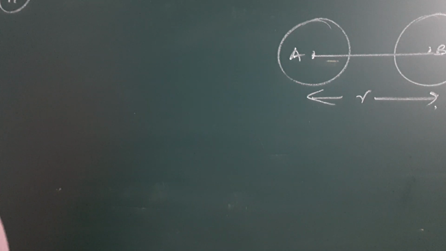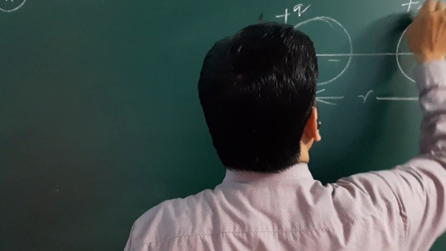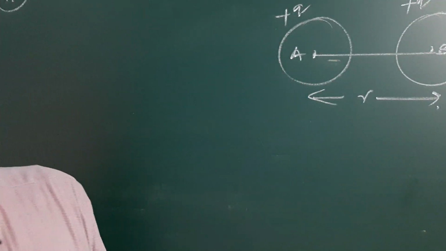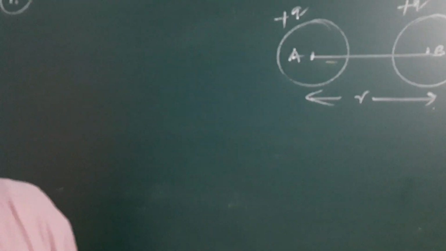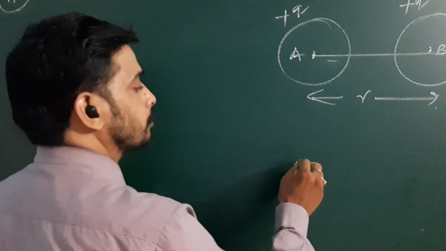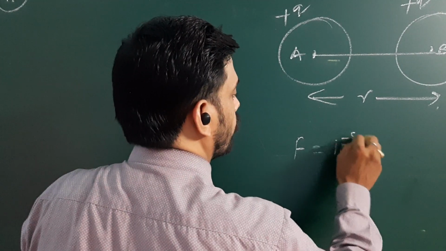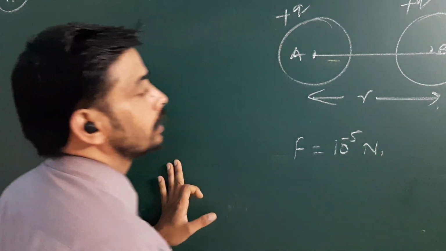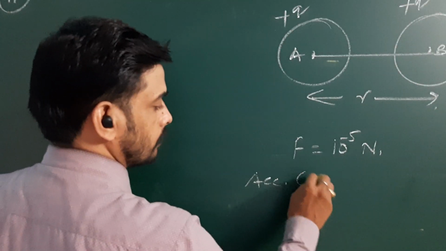Each has a charge of plus q coulomb, so both are positively charged and the nature of force will be repulsive. They repel each other with a force of 10 power minus 5 Newton. It is given.